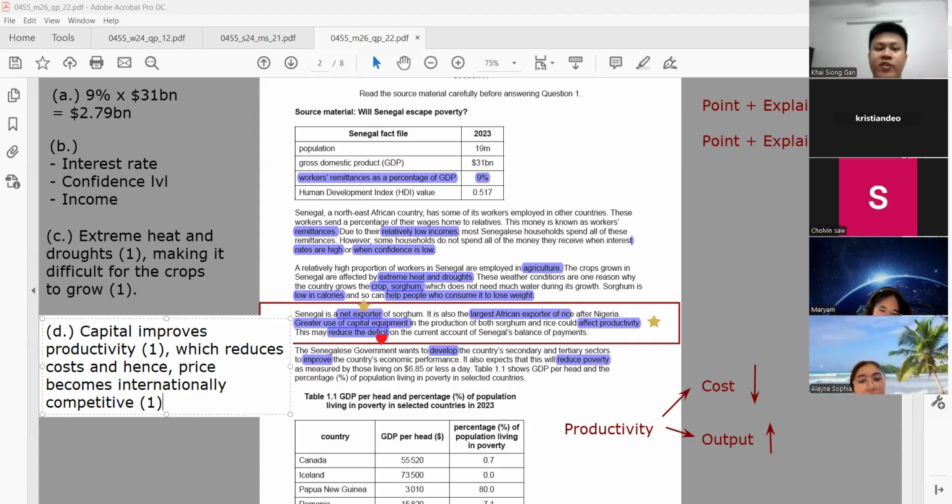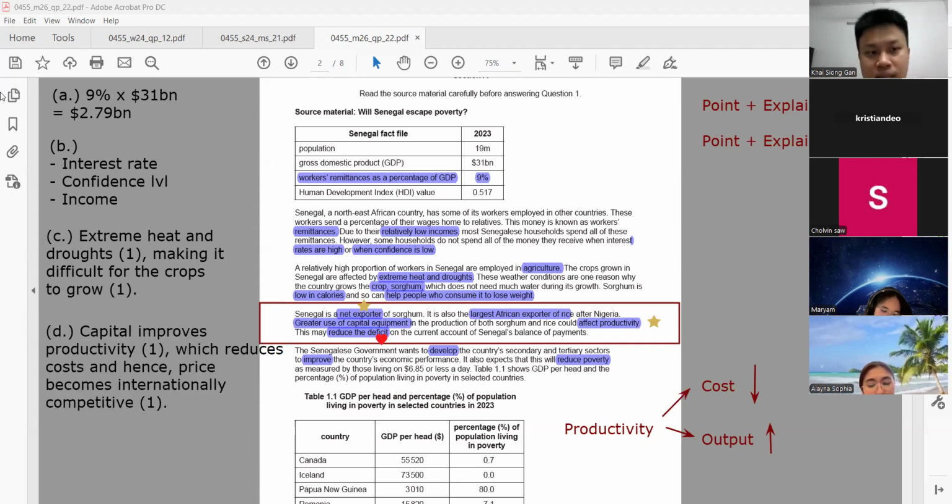Cheaper for foreigners to buy. So every time you talk about cost can relate to price. So capital improve productivity, which reduce cost, and hence price become internationally competitive. Okay, so you answer the question already, because you want to say how it reduce deficit. 2 marks already. You see, we talk about lower cost. So tip: lower cost will always lead to lower price.